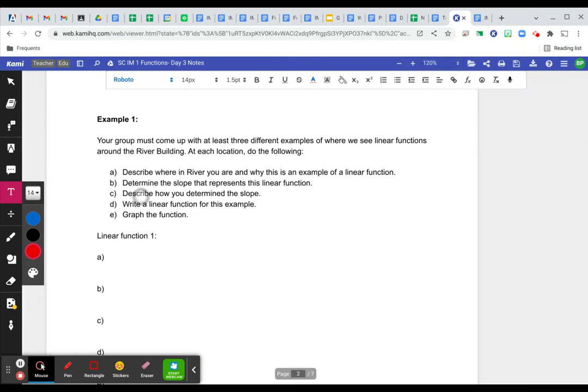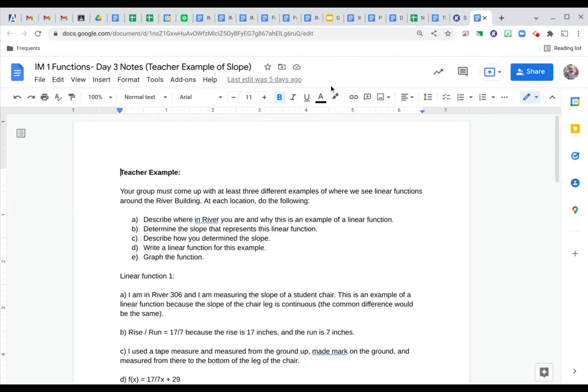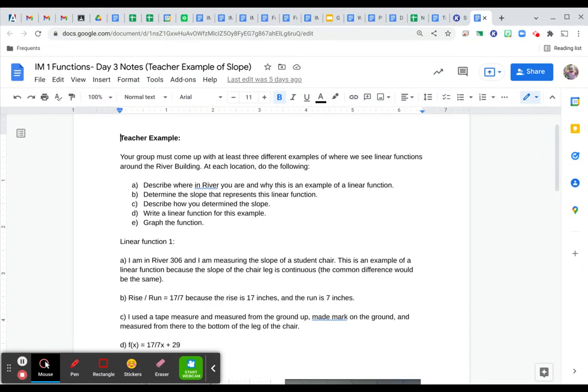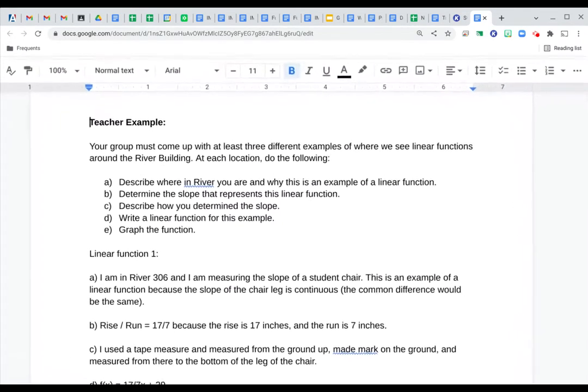So today, what we did in class is we looked around the river building, and we were looking for where, again, slope exists around us. So let me show you the example I came up with here in class. I shared this with everybody in class, and then they had to go out and do it 3 times on their own.